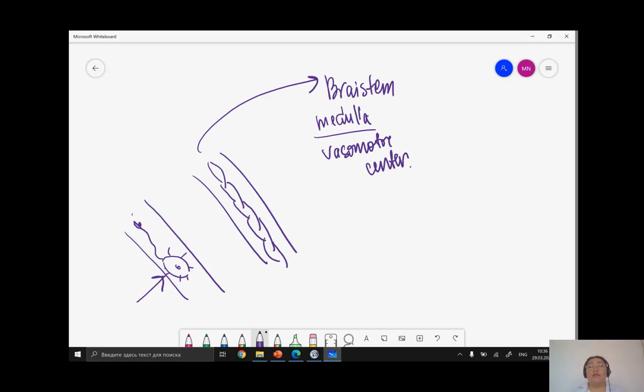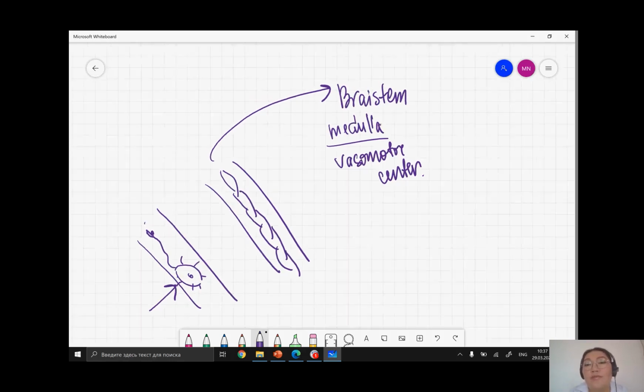The vasomotor center maintains the activity of the vasomotion of the vessel wall. If we have increased blood pressure, we need to decrease it, and the vasomotor center will help us with it. If we have decreased blood pressure, we need to increase it with the help of the vasomotor center, and it will send the signal to the arterioles, the smallest arteries in the peripheral regions of our body.